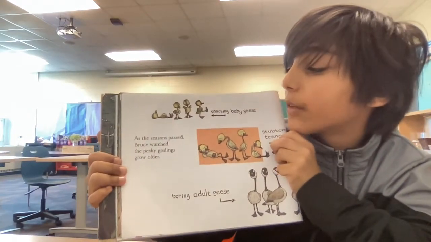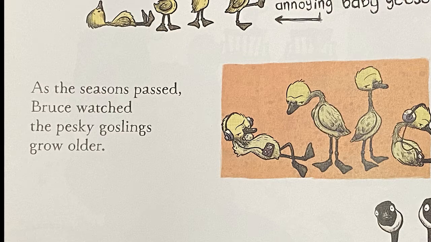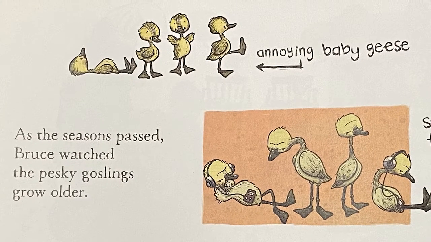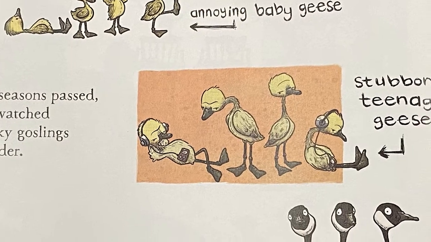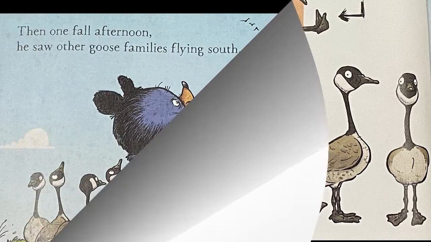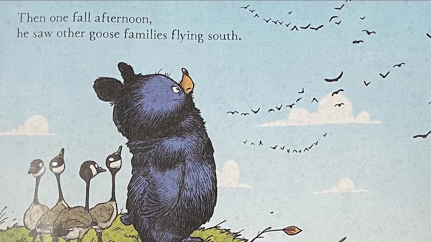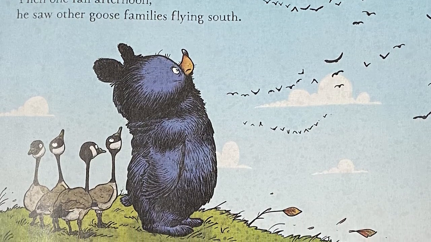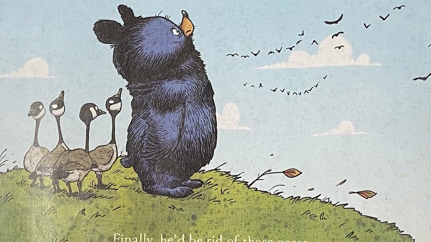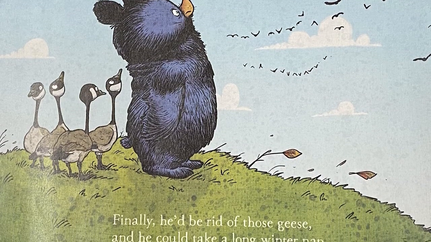As the seasons passed, Bruce watched the pesky goslings grow older. Annoying baby geese to stubborn teenage geese, and boring adult geese. Then one fall afternoon, he saw other goose families flying south. Finally, he'd been rid of the geese, and he could take a long winter's nap.